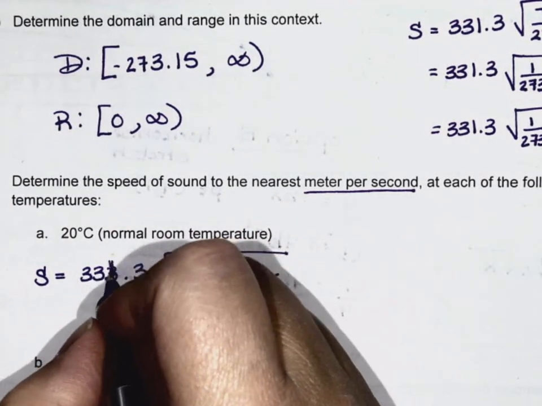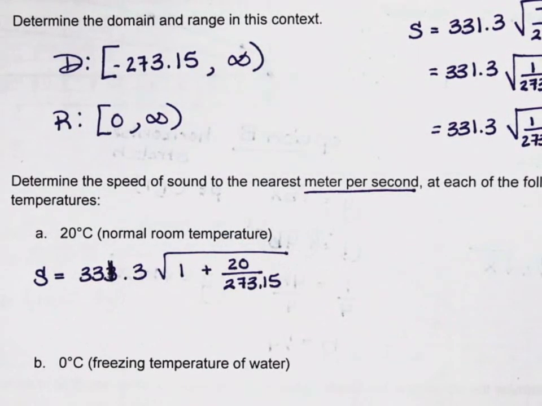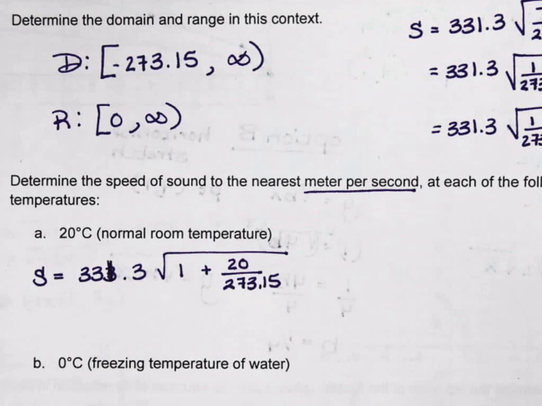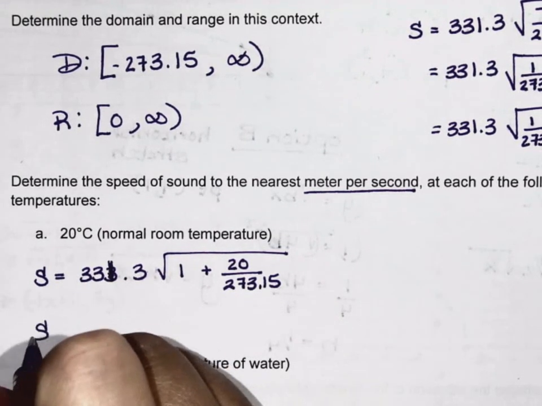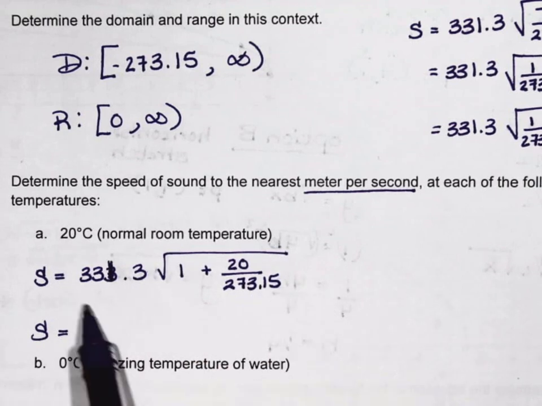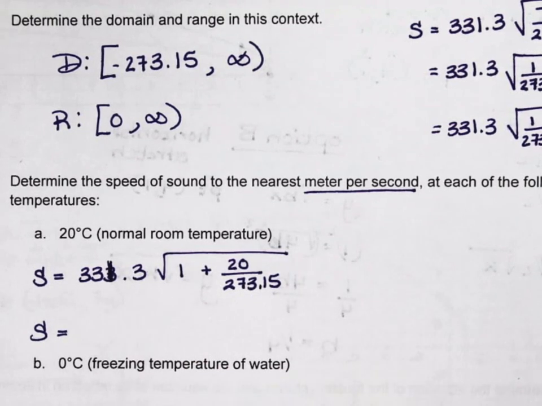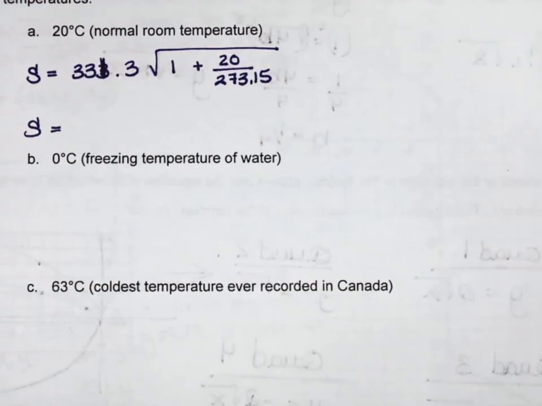Okay, I need you to try that in your calculator just so you know if you're using your calculator correctly. Solve that. You can't see it? Is that better? These are just plug and chugs. You're putting the number in, you're putting it into your calculator.